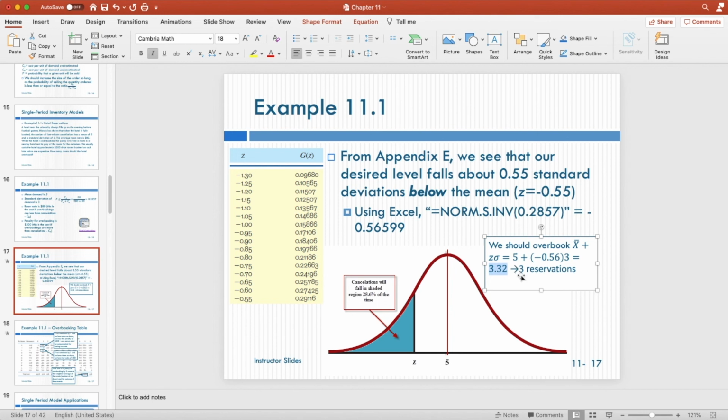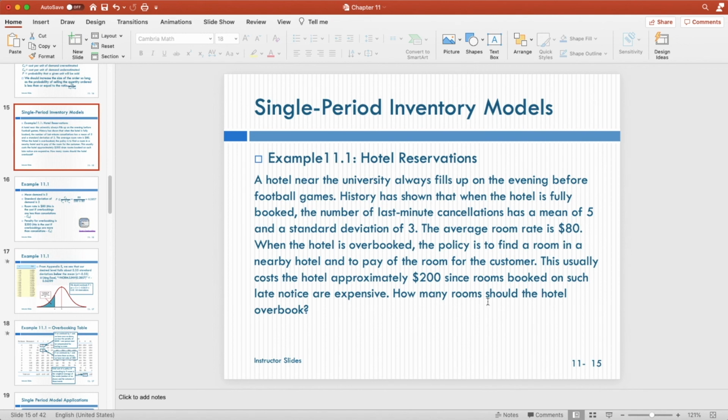In this case, we are trying to be a little bit conservative, because if we overbook 4, we may incur more costs. That's why here we round down to 3 reservations. So finally, how many rooms should the hotel overbook? 3 instead of 5.